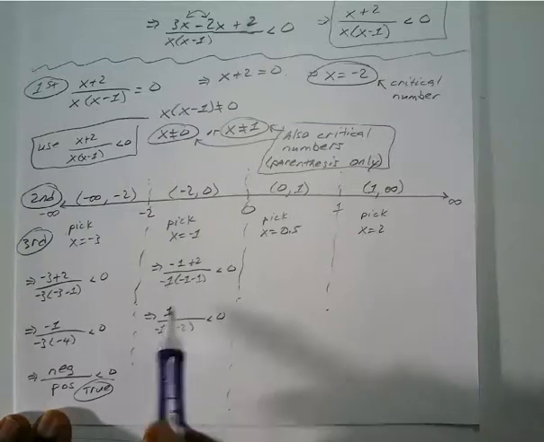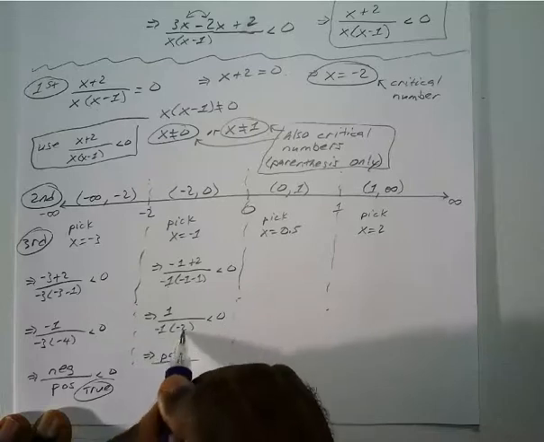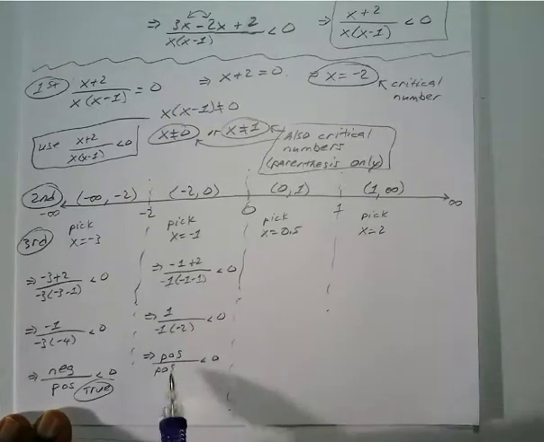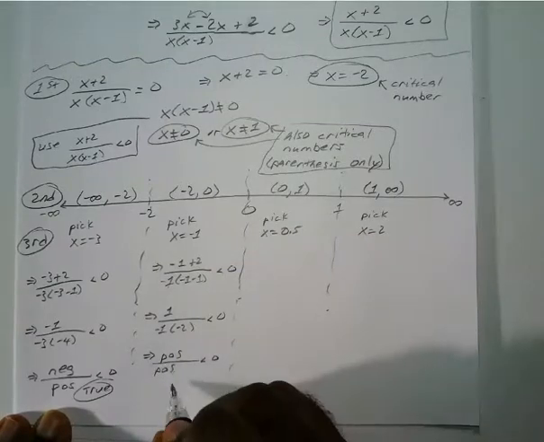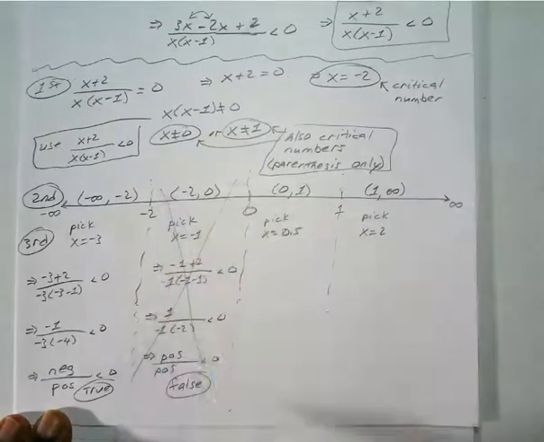You have a positive number in your numerator, and negative times negative is positive, so you have a positive number in your denominator. Positive divided by positive is positive, so a positive number less than 0 is false. So you can go ahead and cross that out.